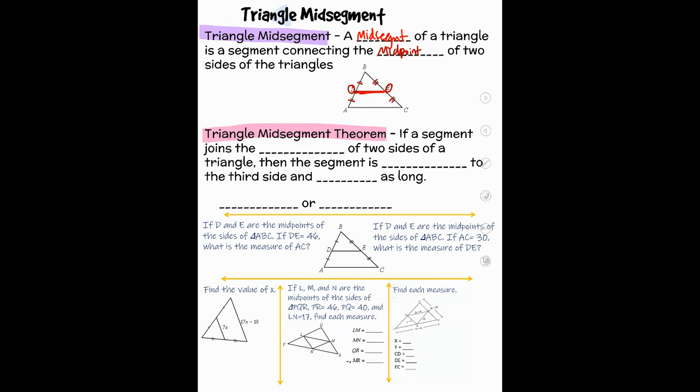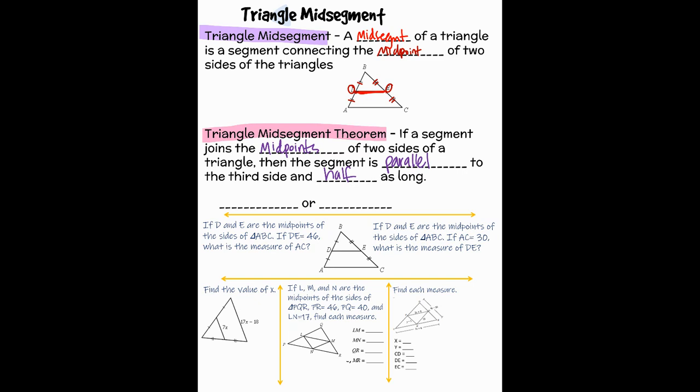So our theorem states if a segment joins the midpoints of two sides of a triangle, then the segment is parallel to the third side and half as long. So what's that saying?